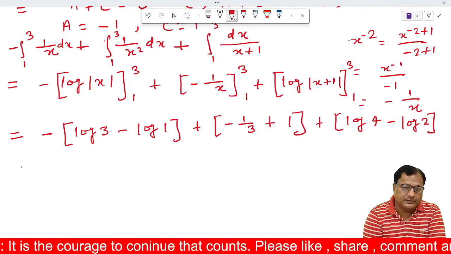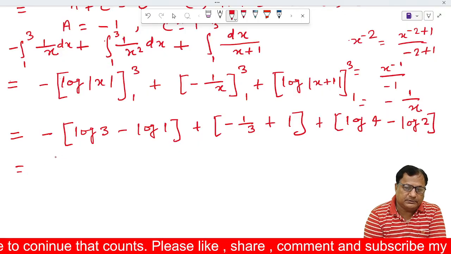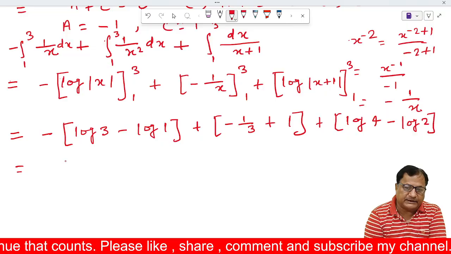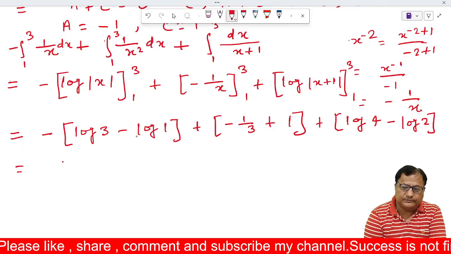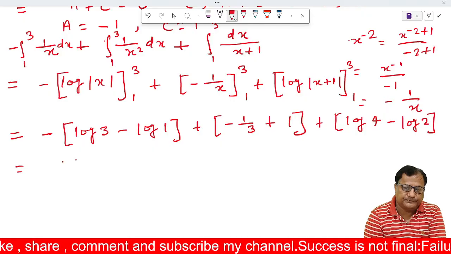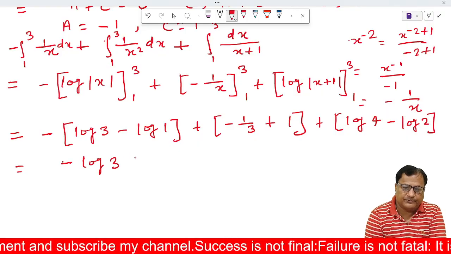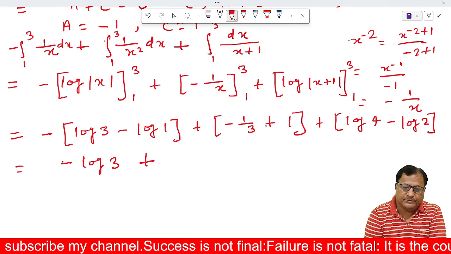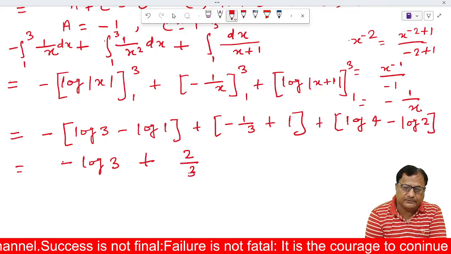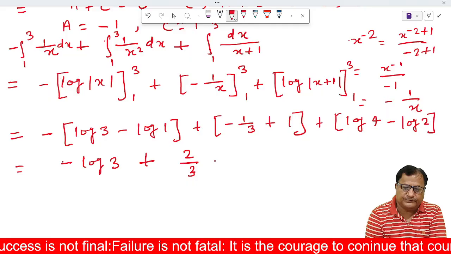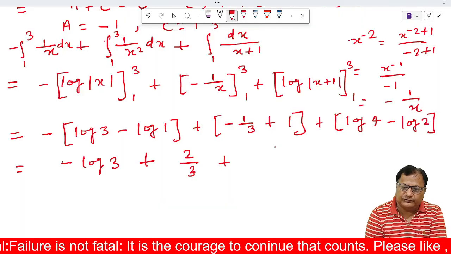Now we will remove the bracket. Log 1 is 0, so minus log 3, plus 2 by 3, plus log 4 by 2, so this will be log 2.